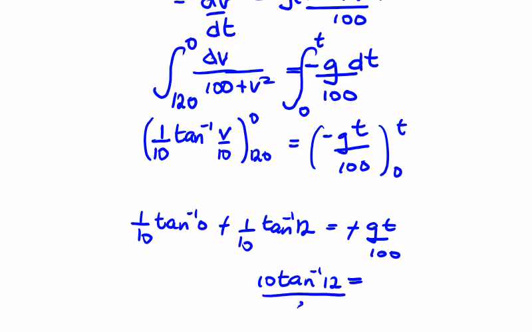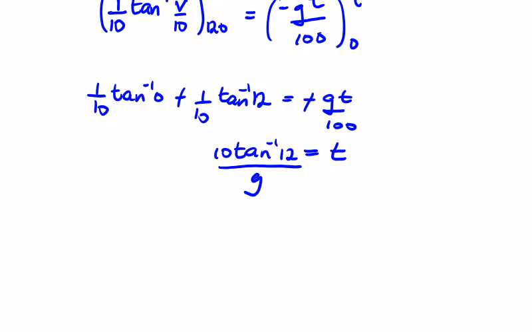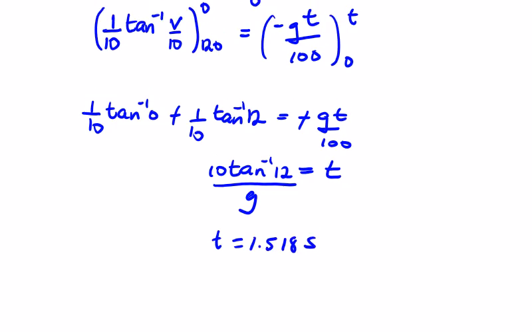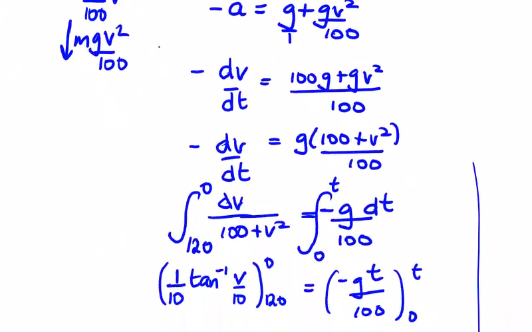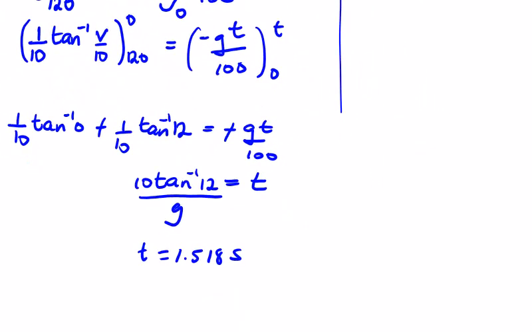So if I divide that by g, I'll get t, hopefully. 10 times the inverse tan of 12 over g is giving me t equal to 1.518 seconds. To the nearest tenth of a second, 1.5 seconds.